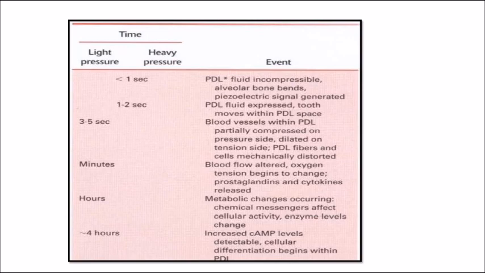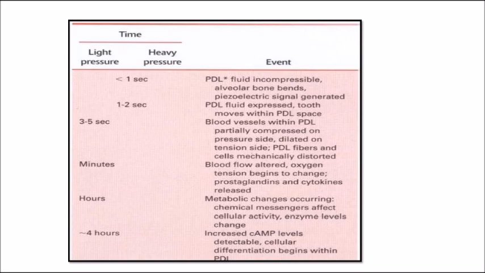If the light pressure is continuously applied for more than 2 seconds, say for 3 to 5 seconds, the blood vessels within the periodontal ligament will get partially compressed on the pressure side, and on the tension side these blood vessels will get dilated. The periodontal fibers and the cells are also mechanically distorted. So we were talking about what happens, whether it is light force or heavy force, when it is applied for less than 1 second and for 1 to 2 seconds.